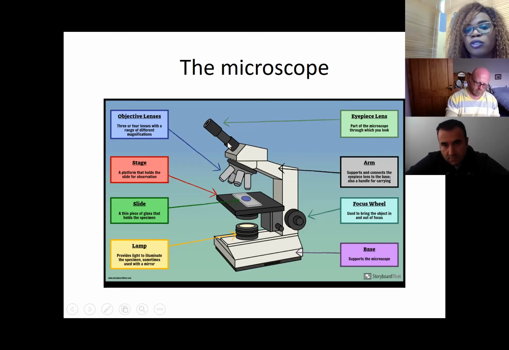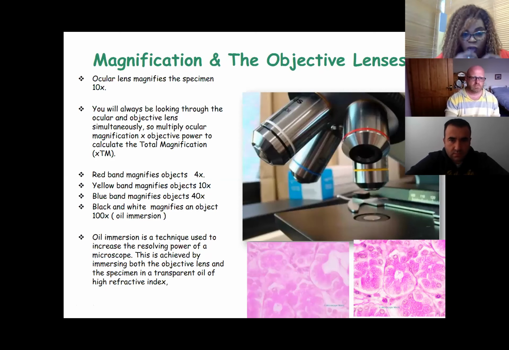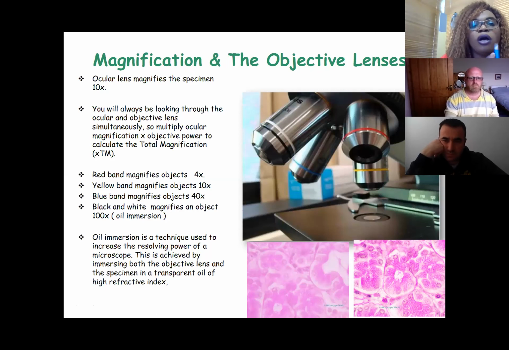But what I need you to appreciate is what the ocular lens does and what the objective lens does. The next slide is going to talk about those lenses. The ocular lens magnifies the specimen by 10. That's the eyepiece, the one you use to look at the organism. You'll be looking through the ocular and objective lens simultaneously, because you need to use one of the lenses you can see there.